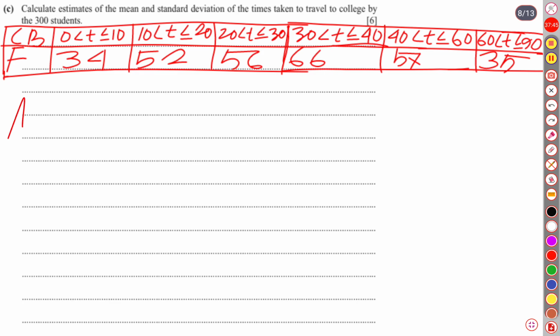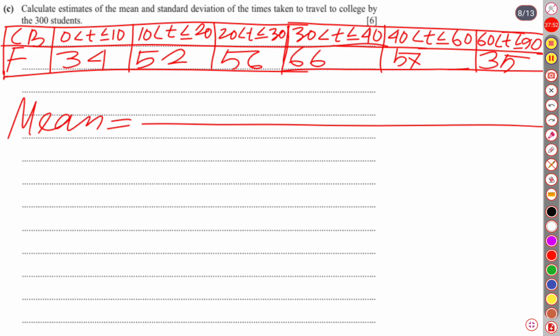Mean is equal to the sum of fi xi, that means the midpoint of each class multiplied by the frequency. So 34 here. How to find the midpoint? We add up the upper bound and lower bound and divide by 2.